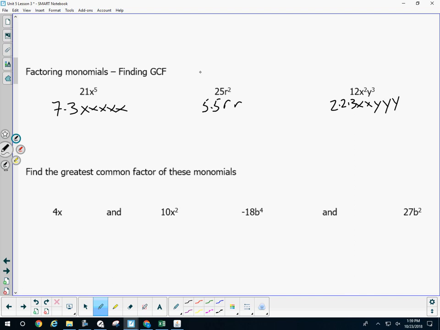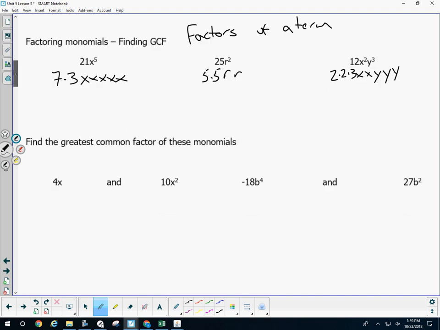These are the factors of a term. If you're adding or subtracting two terms that have factors in common, you can factor out or pull out those factors. Like 4x and 10x squared.